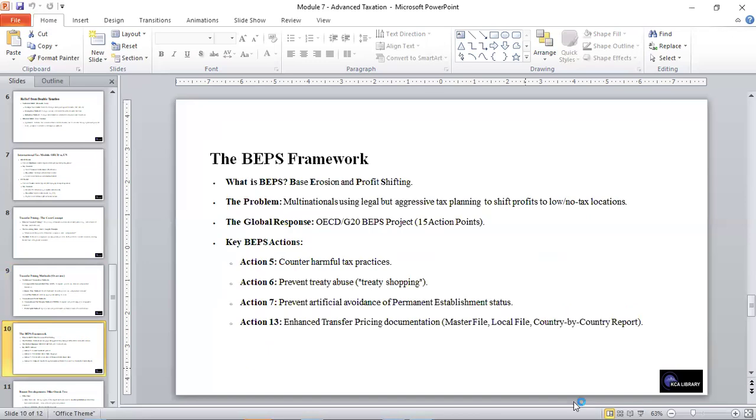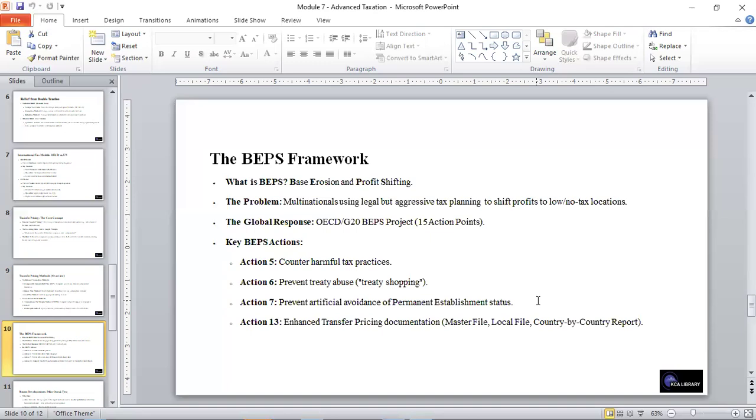Now BEPS, which is actually base erosion and profit shifting. The problem is multinationals using legal but aggressive tax planning to shift profits to low or no tax locations. And the global response to this is what the OECD and the G20 BEPS project offers, especially the 15 action points.